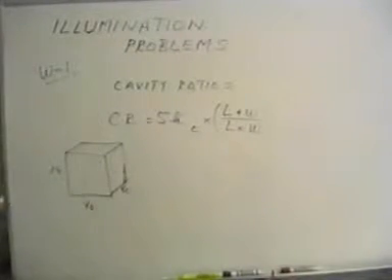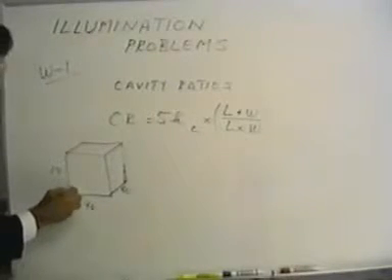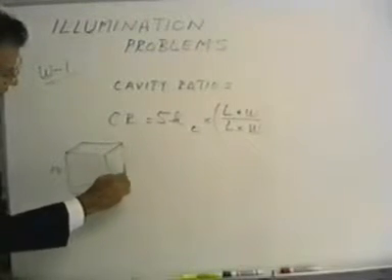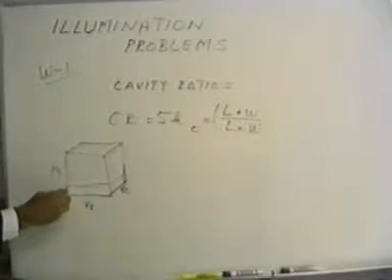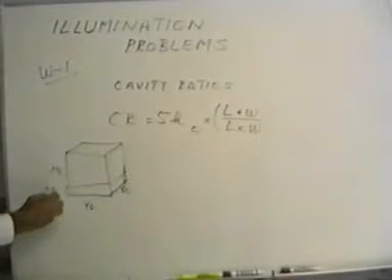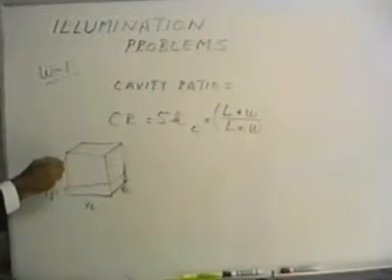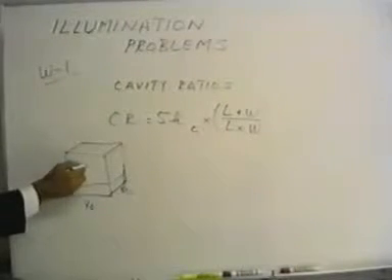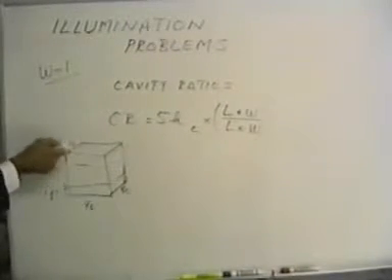Now there are three distinct cavities in a room. First you have the working surface, which is 2.5 feet or 30 inches off the floor. So this dimension here would be 2.5 feet. Then, depending on where the luminaires are, it may be someplace along here, it may be higher up, maybe lower.